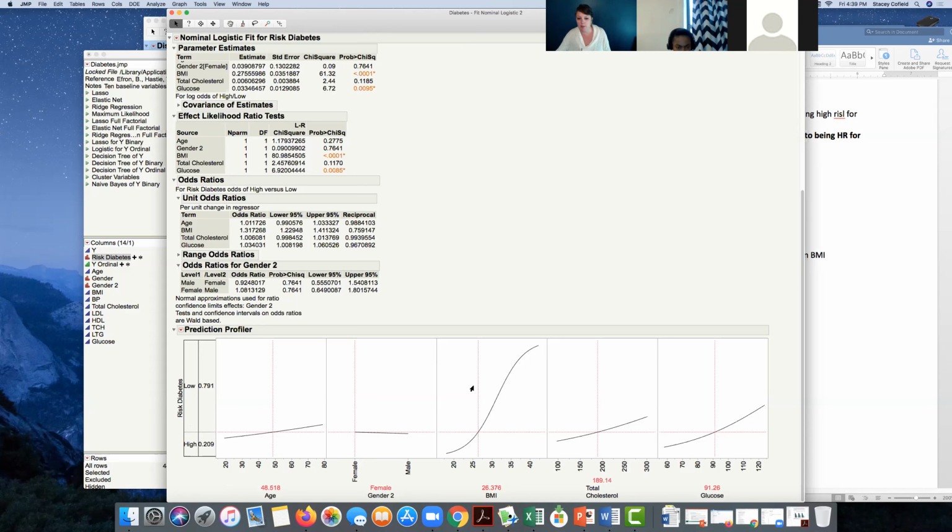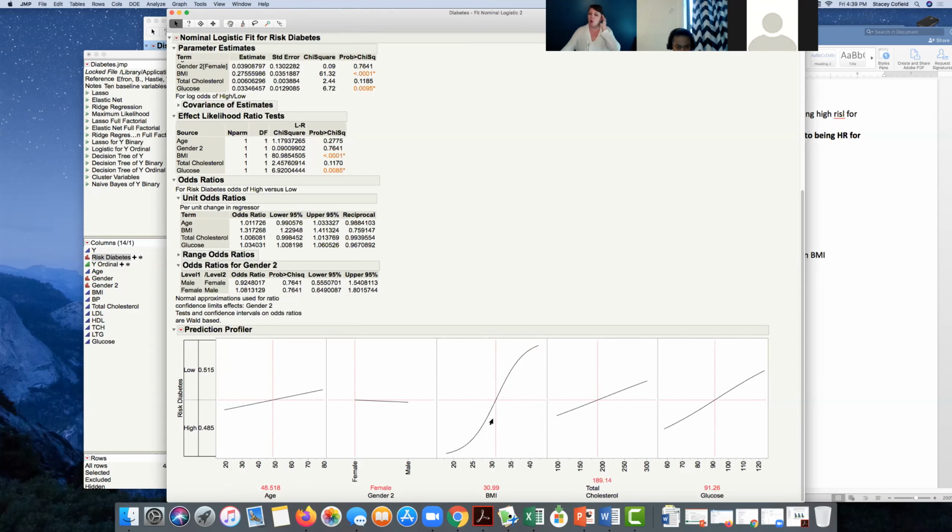Watch what happens when I move BMI up and down. Look at that. At the top BMI, they have a 95% probability of being in high risk. As we come back down, we can see. So this is that range odds ratio, right?